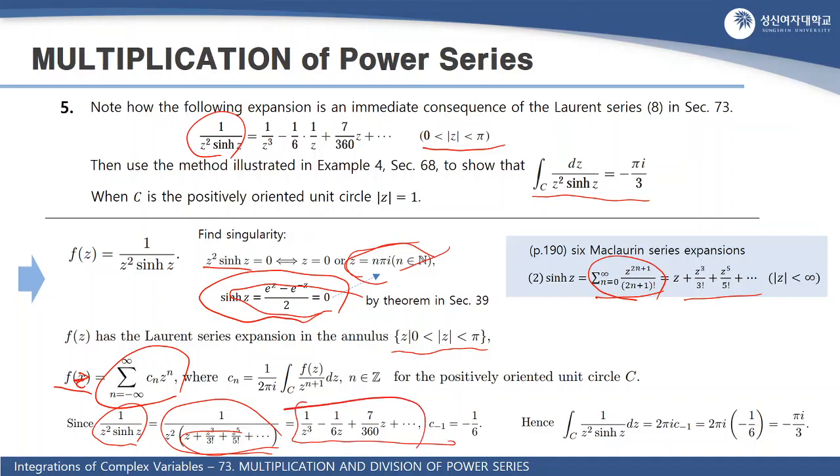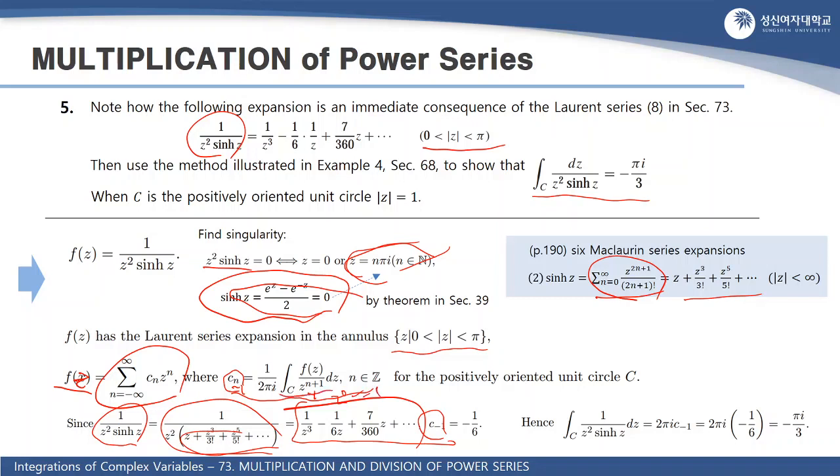Here, as I said just before, c n is defined by 1 over 2 pi i times the integral along C of f of z dz divided by z to the n plus 1. When we consider n equal to negative 1, I mean n is replaced by negative 1 here, then z to the power of 0 means 1.